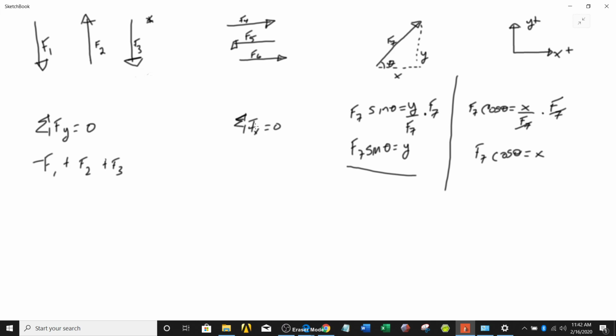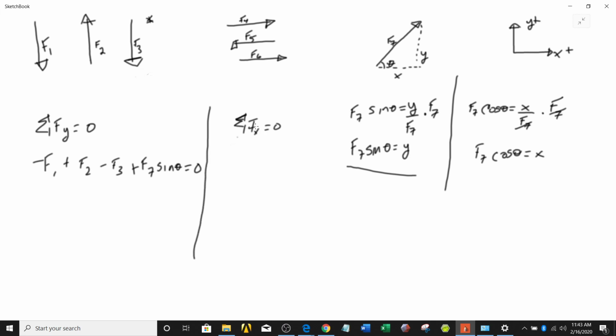And F3 is going down, so that actually has to be negative as well. Okay? So that's minus F3. In this case, this slanted force is going up, so that's going to be positive. Okay, so it's going to be plus F7 sine theta, and it's equal to 0.